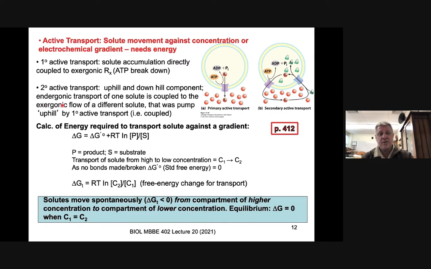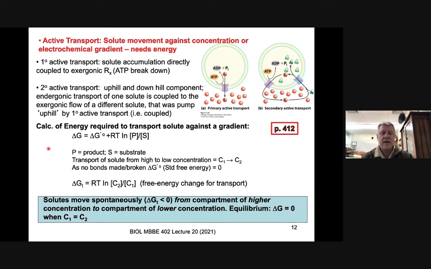And again, it uses a pump system to pump it uphill as activated by the primary active transporter, i.e. these two examples illustrate a coupled transport system. And so we call that a secondary active transport system.